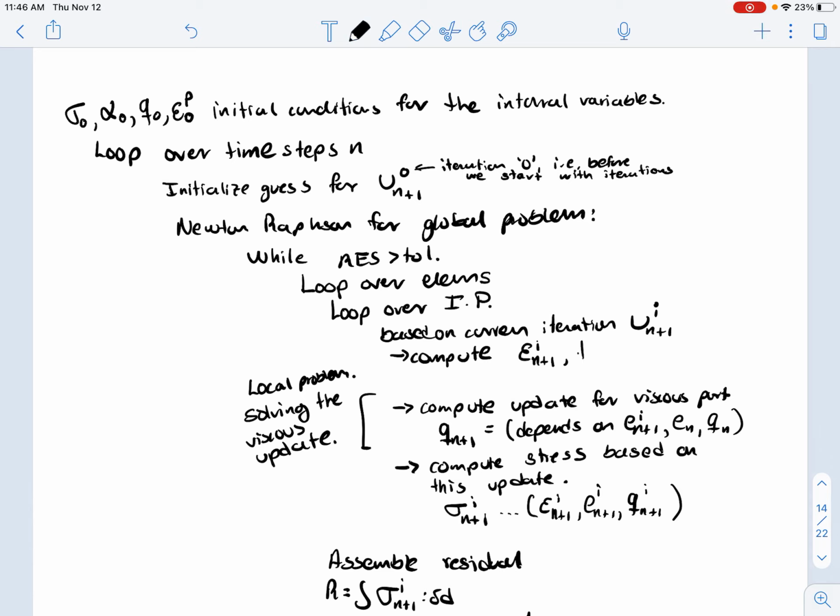Up to this point, looks the same as before. Total strain based on current guess for total displacements.